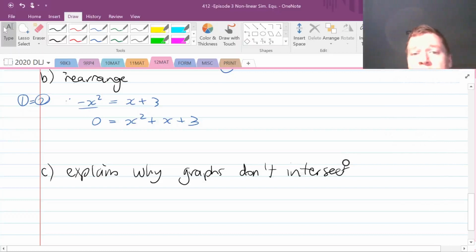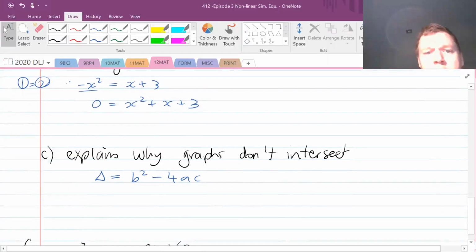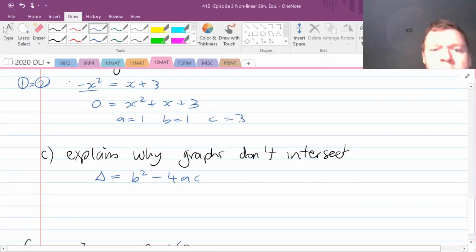Well, one way to explain it with algebra is to use the discriminant. So if we work out the discriminant equals b squared minus 4ac, well, let's see. So a is going to be 1, b is also going to be 1, and c is going to be 3. So let's sub in those values.